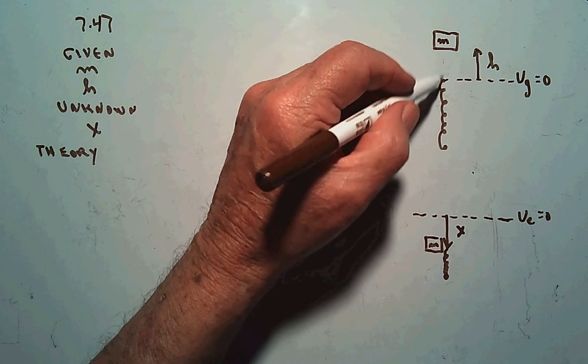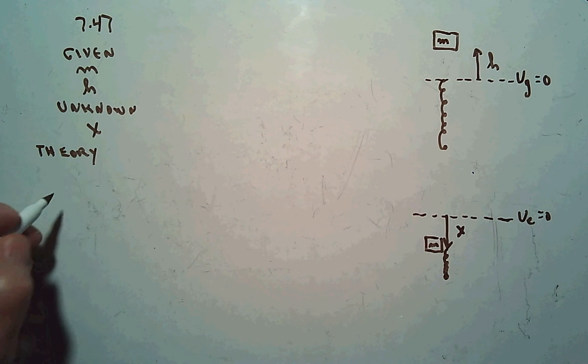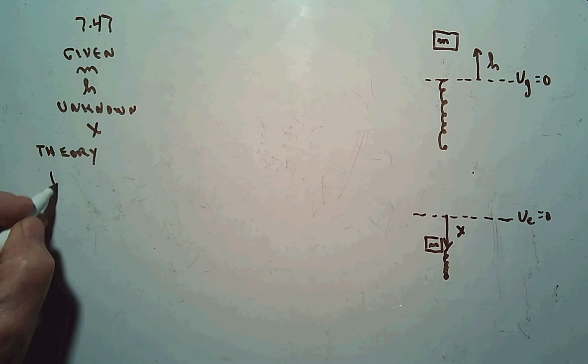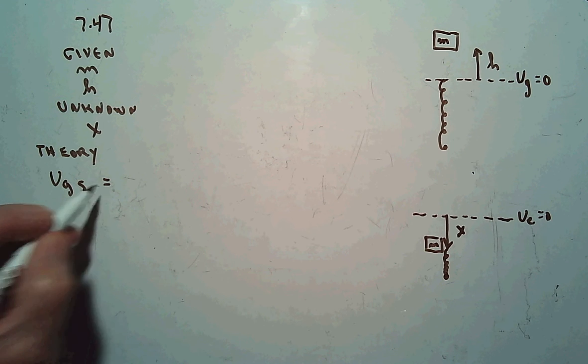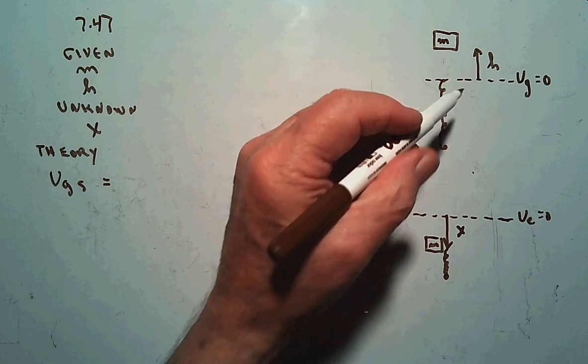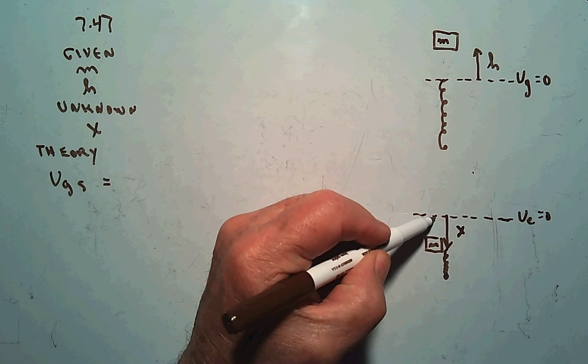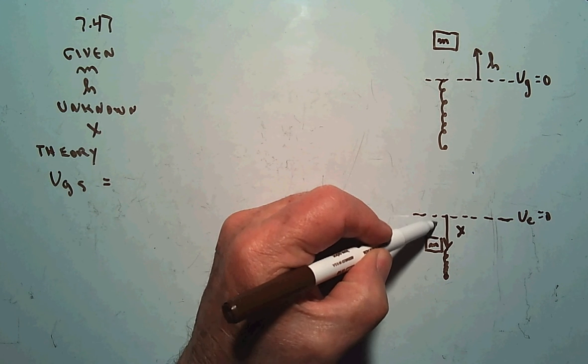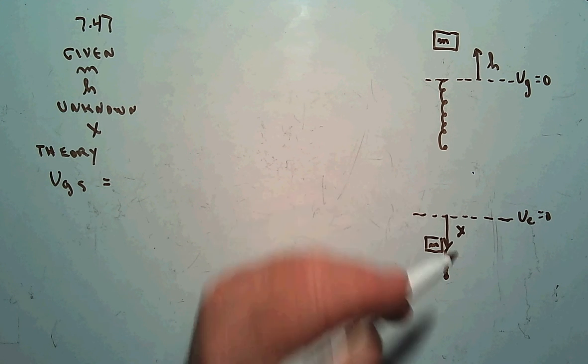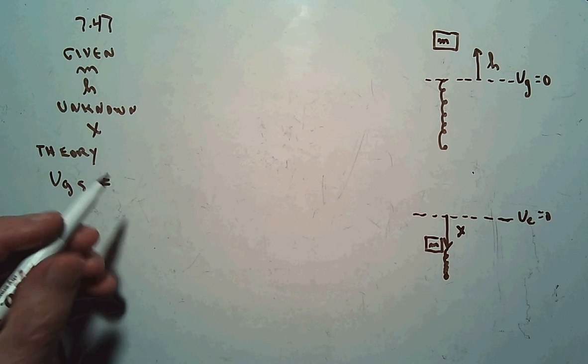is here you can see that the potential energy that we start with, U gravitational at the start, must be equal to the potential energy that the spring gains, the elastic potential energy.